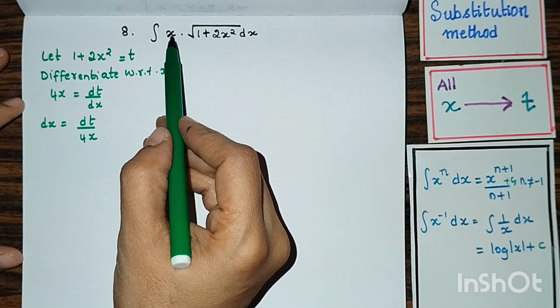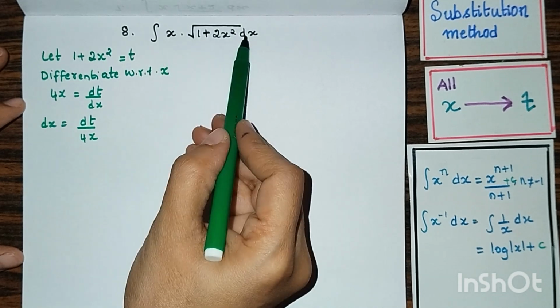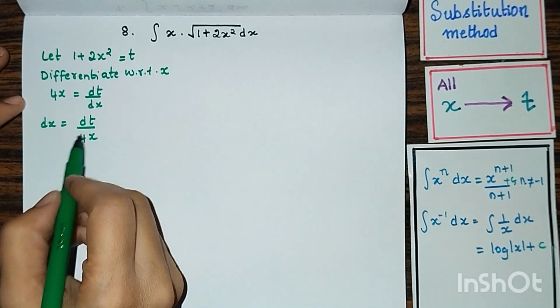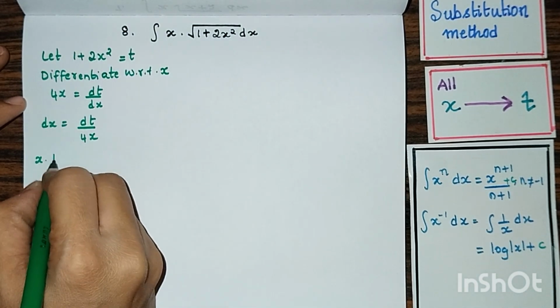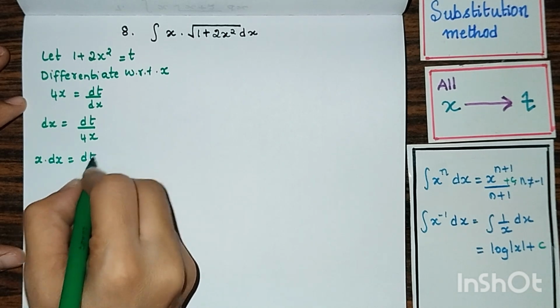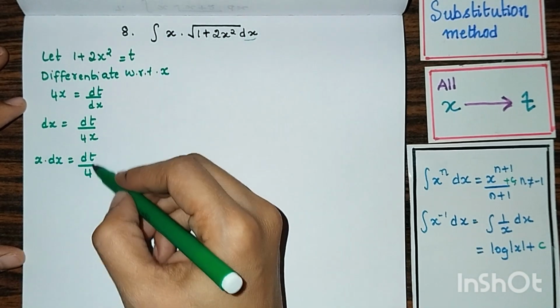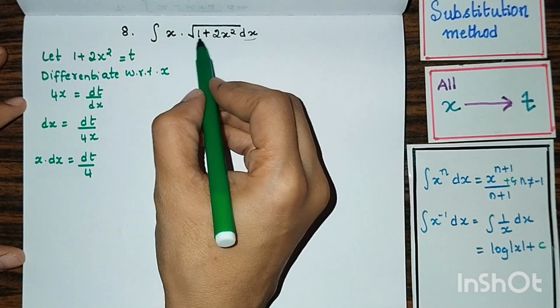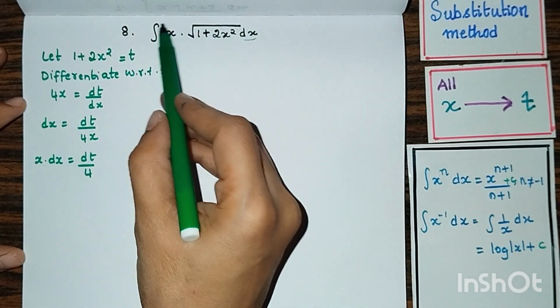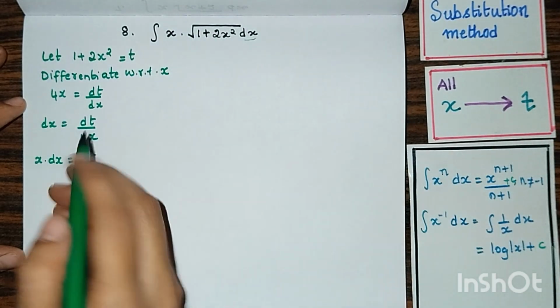Now if you observe carefully, here we have x into dx, right? So we will keep x here. x into dx is equal to dt by 4. So now the entire x into dx can be written as dt by 4, and this is in the form of t. So all the x is in the form of t.